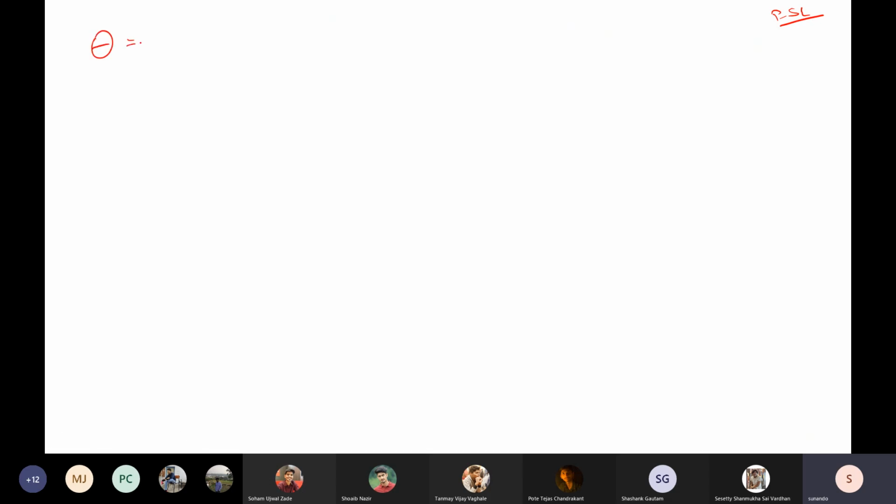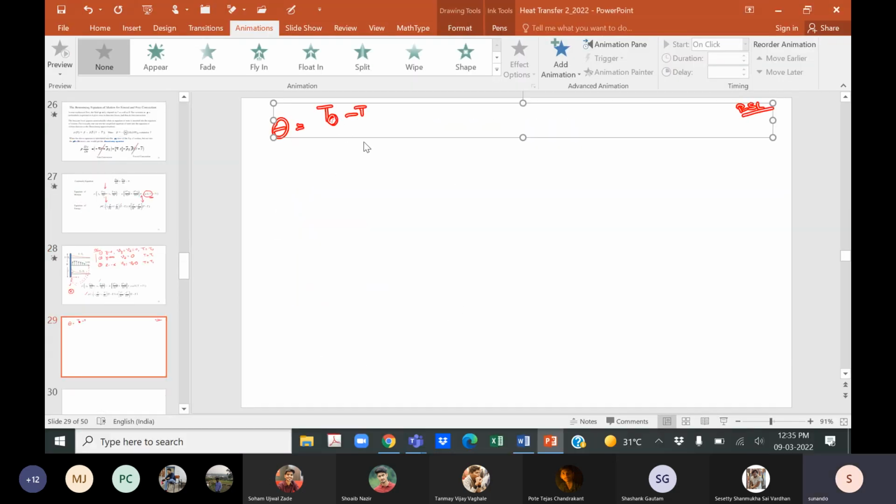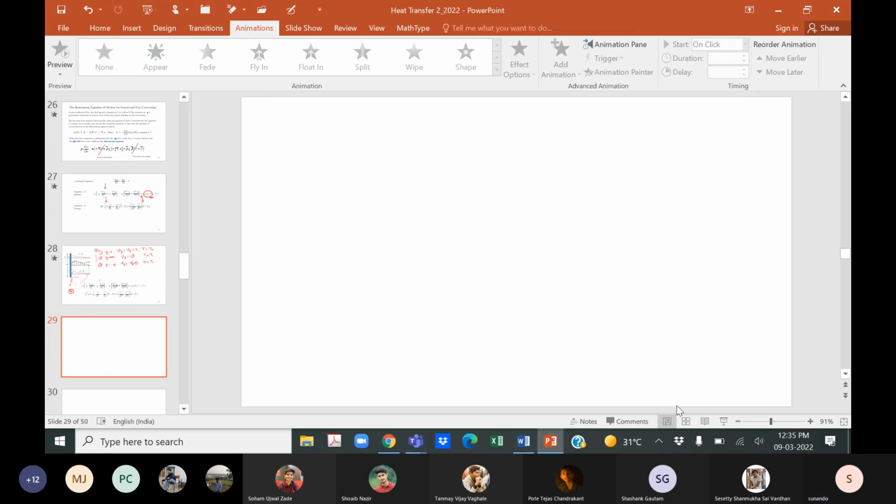So for the temperature, it's T minus T1, theta, the dimensionless temperature, is T minus T1.